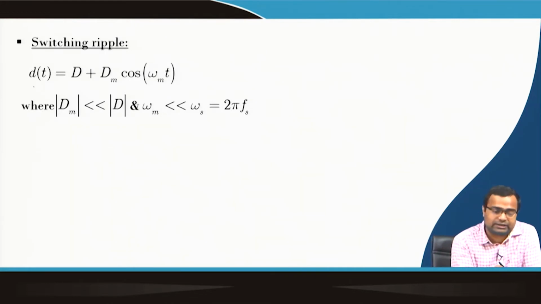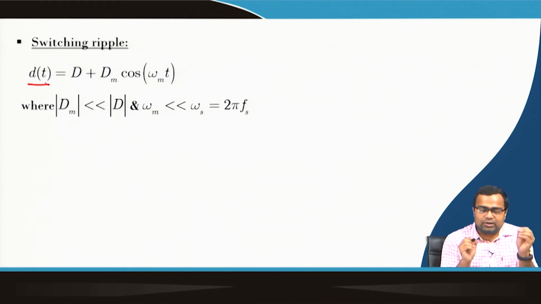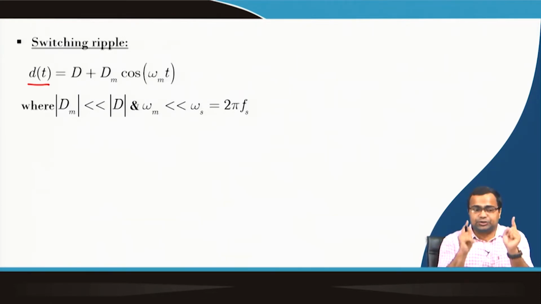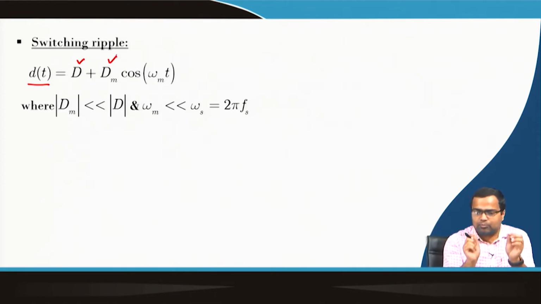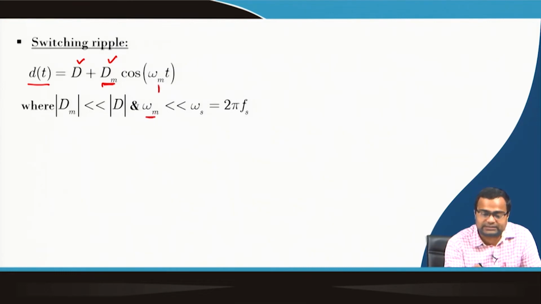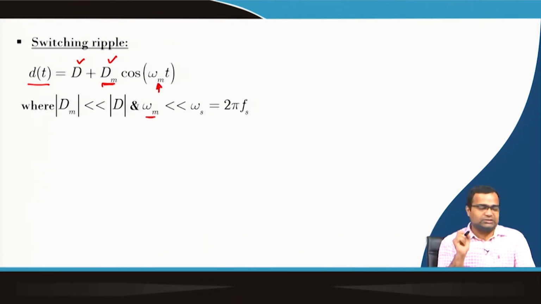If we operate the switching converter using a pulse width modulation technique, where the time period is fixed and the duty ratio under steady state is fixed, but we consider a time varying duty ratio, where the duty ratio consists of one steady state quantity plus a small AC component, which is the sinusoidal excitation, the assumption is that the amplitude of excitation is much smaller than its steady state value, and of course, the modulating frequency or the excitation frequency is much smaller than the switching frequency.